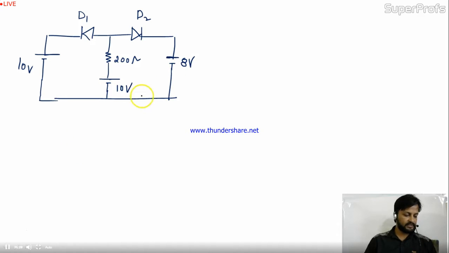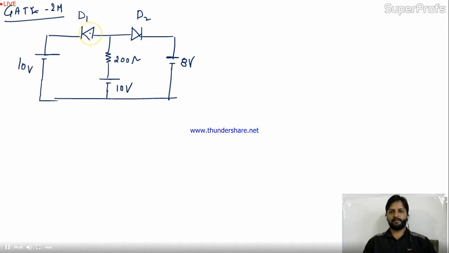This is the situation, and this is a GATE problem, 2 marks. This is a fill-in-the-blank, and options are not given over here. You have to deduce your answer and come up with the solution. For the circuit shown in the figure, assume ideal diodes with 0 forward resistance.